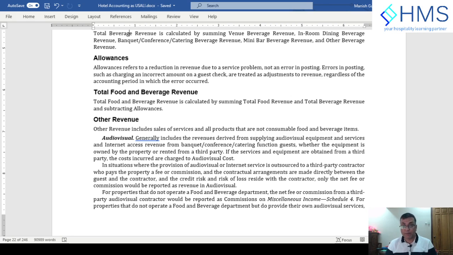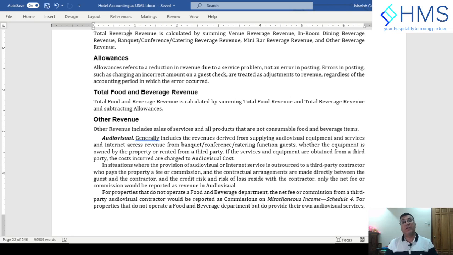But if the guest has made a direct arrangement with the service provider, where he is supposed to pay the supplier, the contractor, by himself, however he is giving a commission to the hotel for helping him set it up, letting the third party come into the hotel for setting up the charges. So the hotel normally charges a commission from the service vendor, maybe a 20% commission, 30% commission, or whatever.